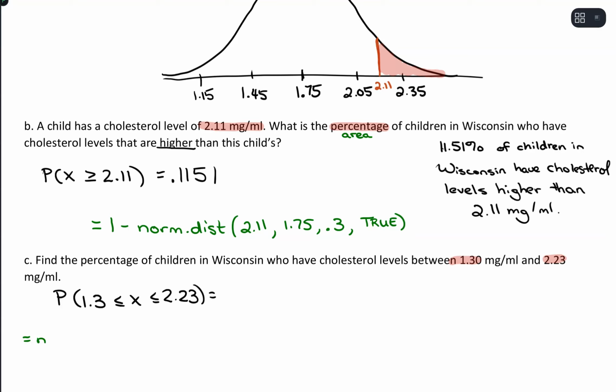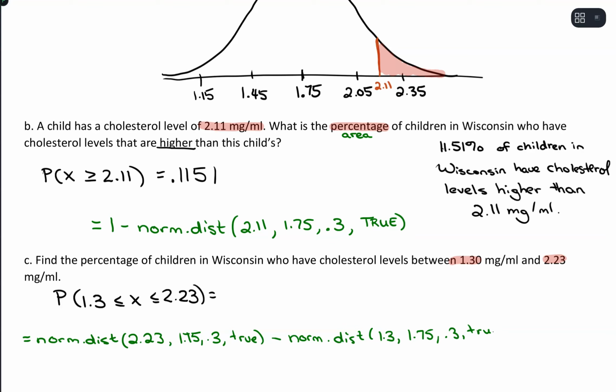So we're going to go equals norm.dist with the larger value of 2.23, mean of 1.75, standard deviation 0.3, and true, minus the normal distribution with the smaller value. So the 1.3, 1.75, 0.3, true. All right, let's go ahead and type all of that in.